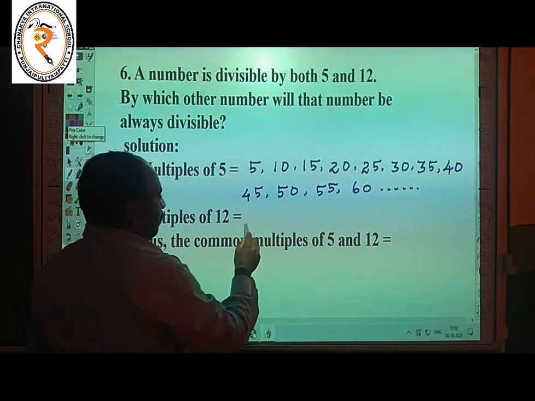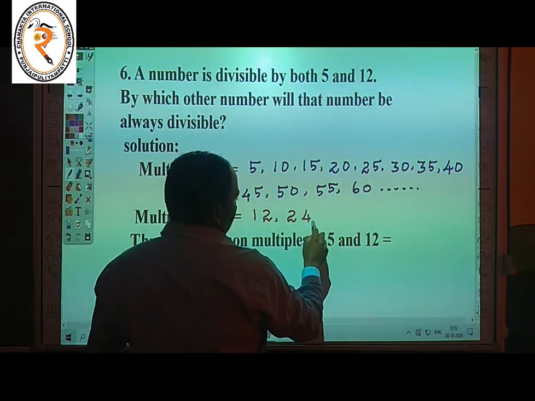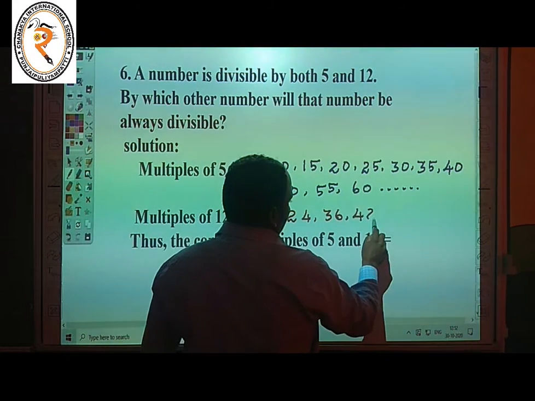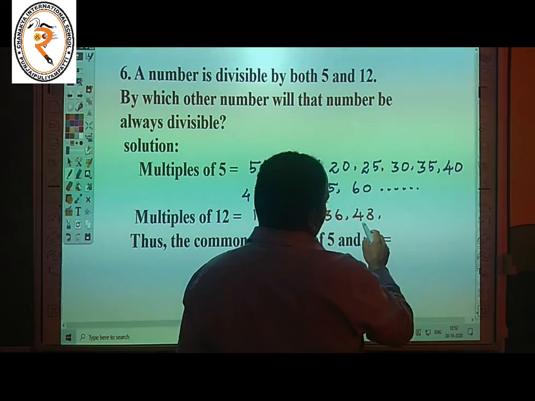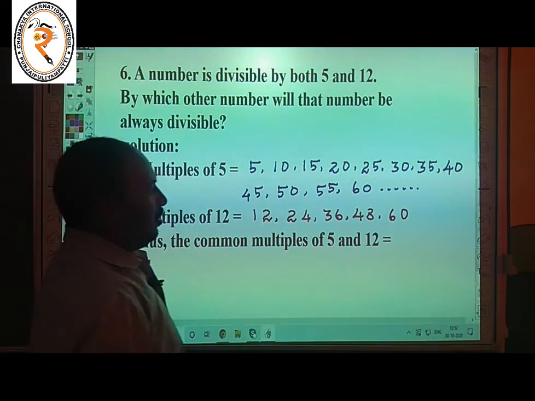The multiples of 12, the 12 table: 12, 24, 36, 48, 60. Listen here.